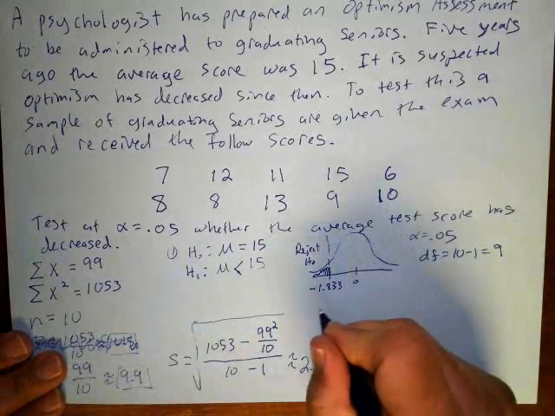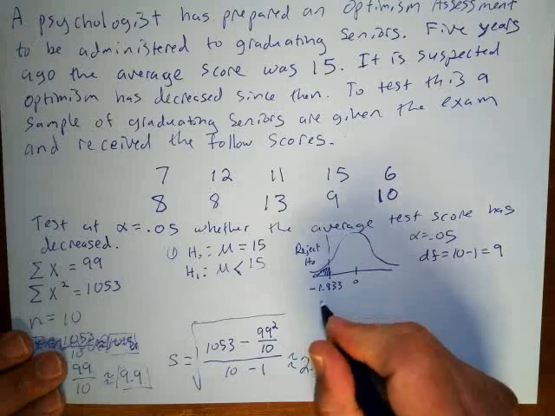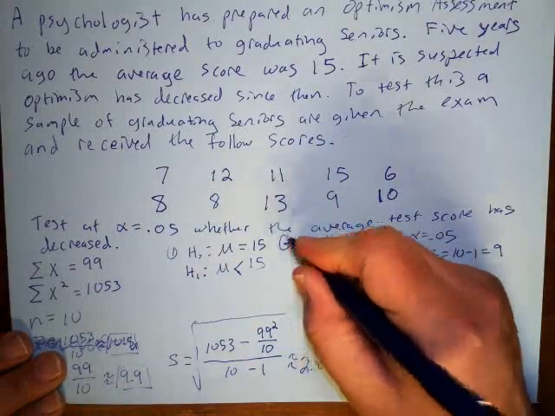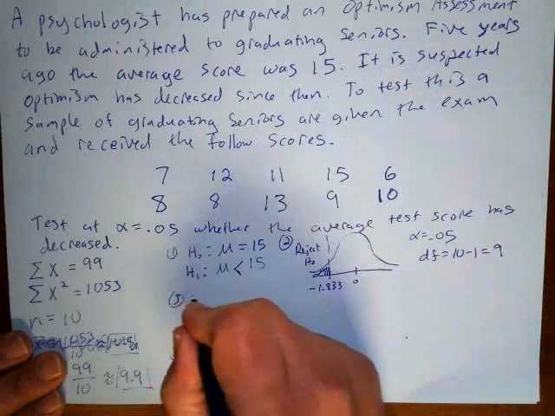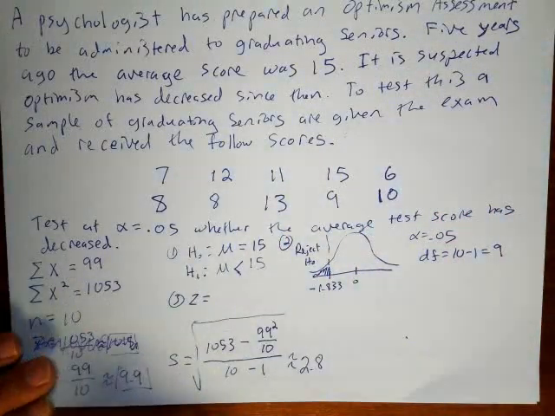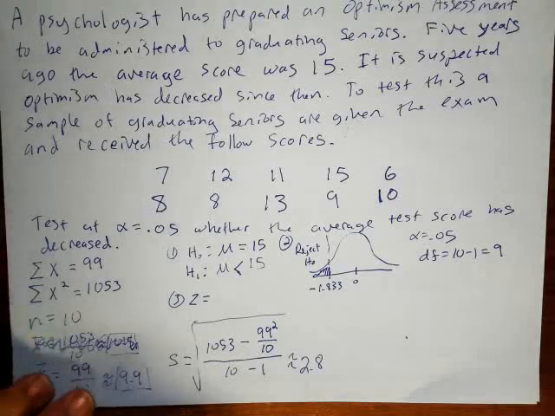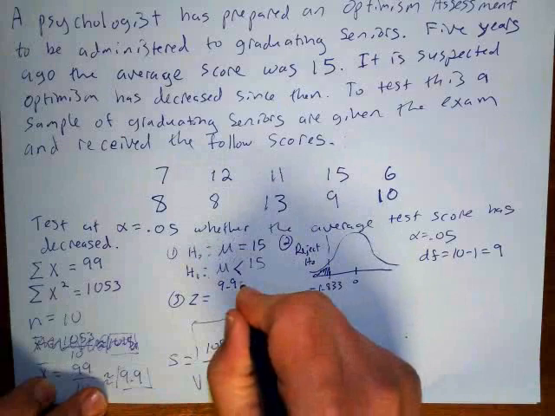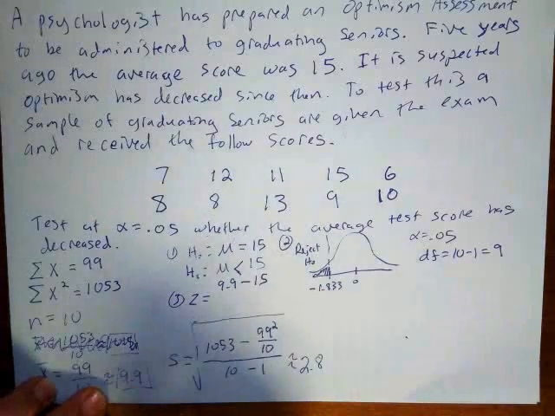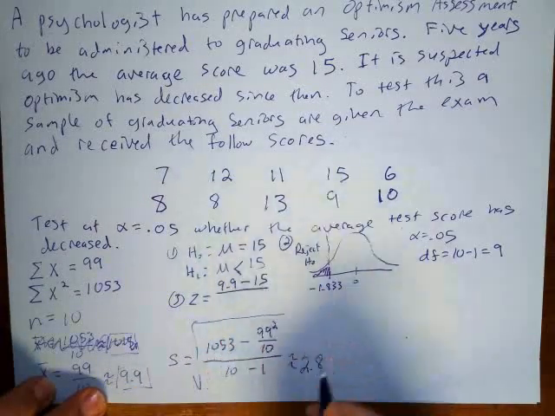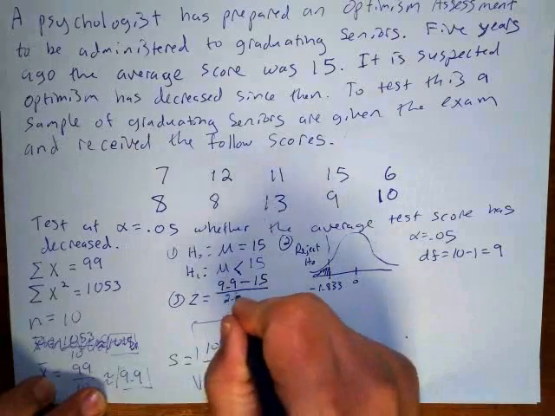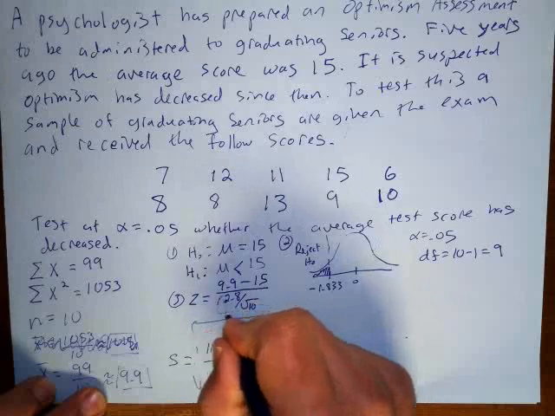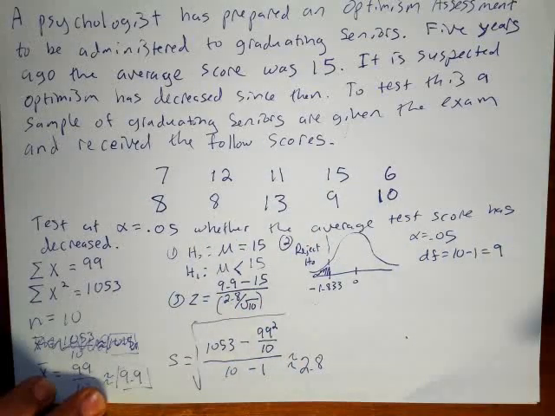Now I'm going to calculate my test statistic. This is step 3. My sample mean is what I calculated, 9.9, minus the hypothesized mean, which is 15, divided by the standard deviation, 2.8, over the square root of 10. My sample size is 10.